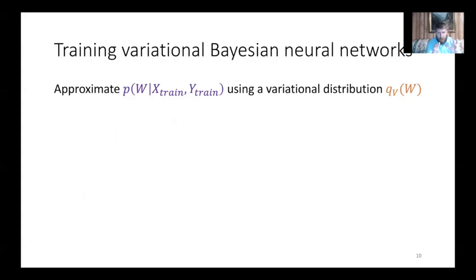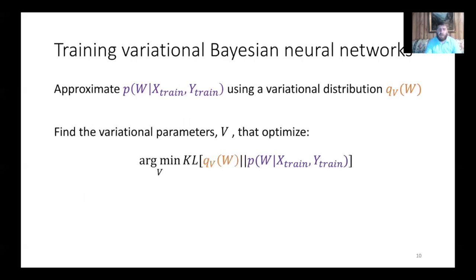of our parameters given our training data, and we have a simple distribution, often called a variational distribution. This is often denoted by Q. And we're trying to find the simple variational distribution that is as similar to our posterior distribution as possible.